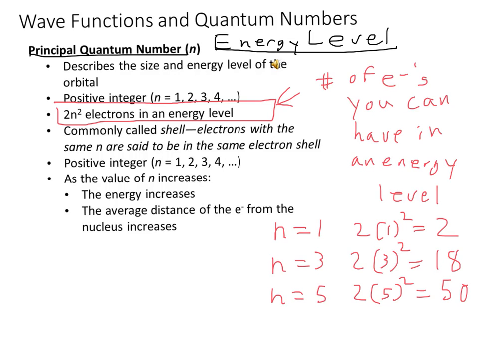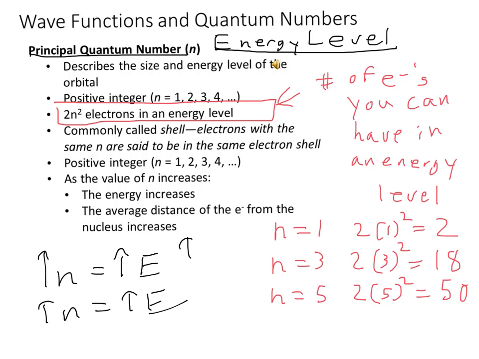Let's see, I think we've discussed these previously, but let's go through them again real quickly. As the value of n increases, the energy an electron can possess increases, and we had a long discussion about that in our previous lecture. Not only that, but as n increases, the distance from the nucleus increases, and we talked about that as well.